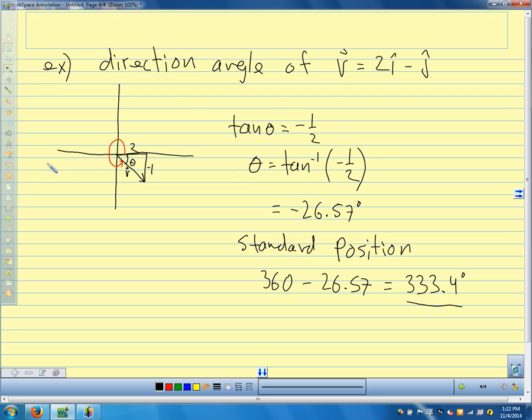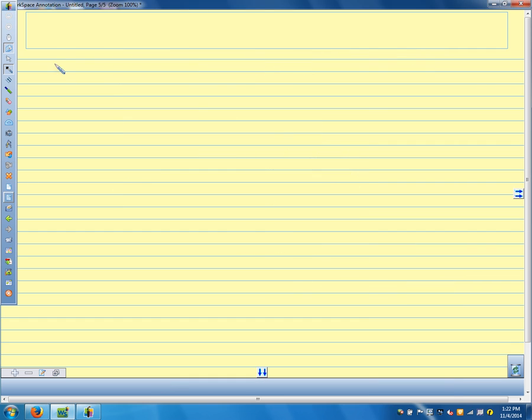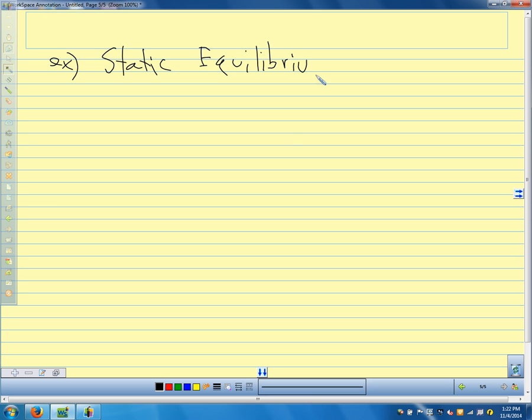But there are two problems, number 98 and 100, that are what we call static equilibrium problems. So what I want to do is just show you how to set these up, because we do them all exactly the same way.